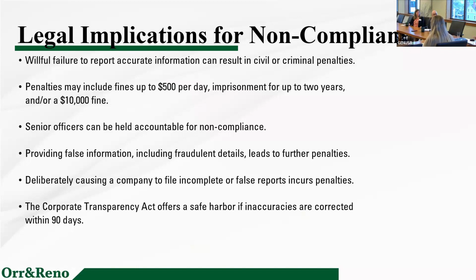And there are provisions in the law about willfully providing false information. I'd say on the spectrum, if you never heard about this law, which a lot of companies won't, and just didn't file a report, ignorance of the law is no defense here. So that's not great.